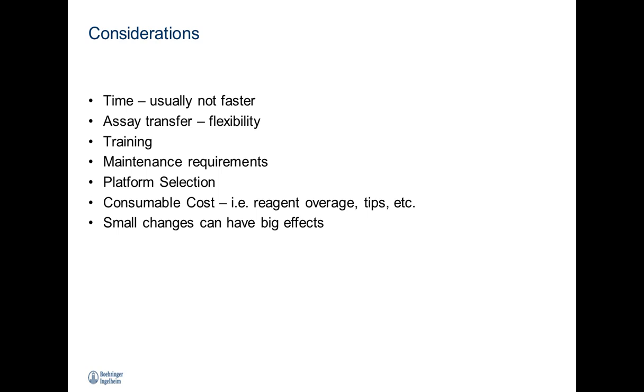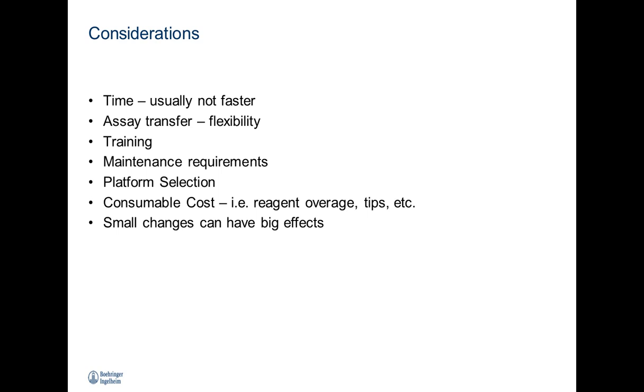And by comparison, with MSD, the reagents are relatively inexpensive. The plates, however, are considerably expensive given the unique nature and the embedded electrodes. So all of these things need to be taken into account when proposing automating specific assay types.